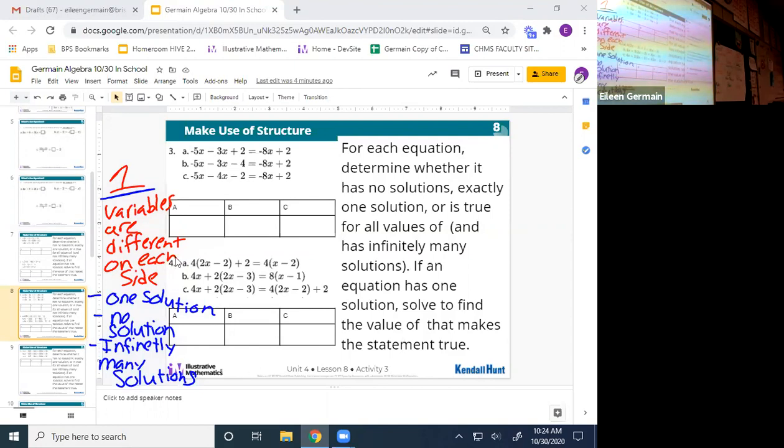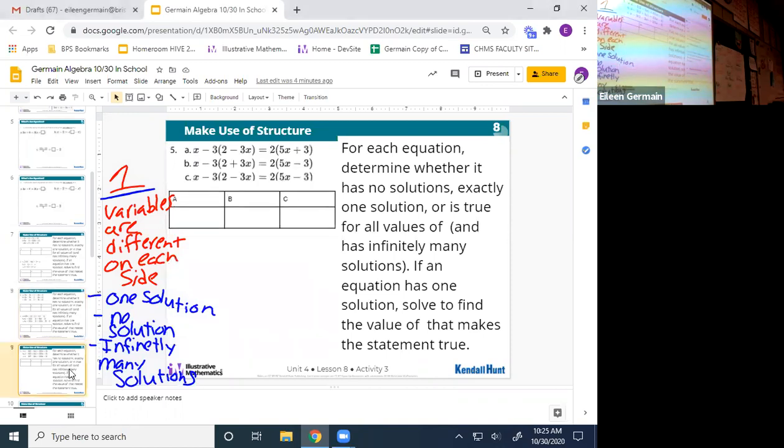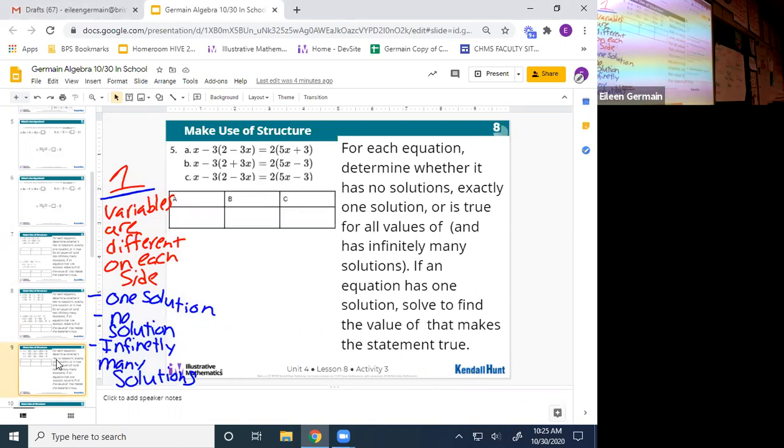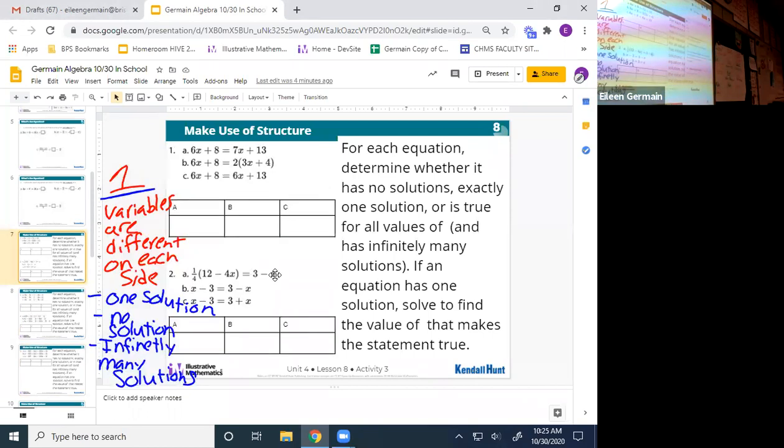Okay, I'm going to have Abby help me with 4A. I'm going to have Peyton help me with 4B. I'm going to have Cam help me with 5A. Cindy is going to help me with 1A. So Cindy, help me with 1A.